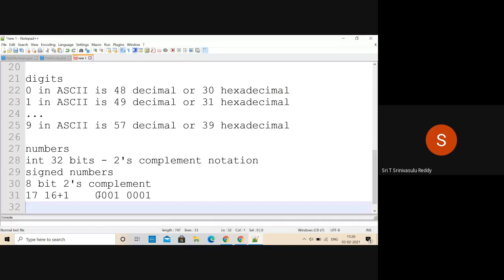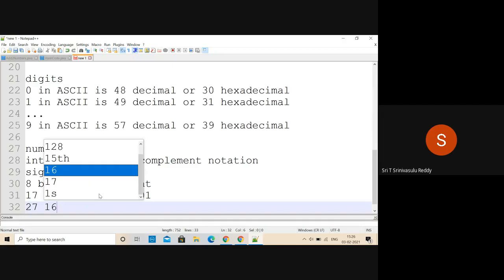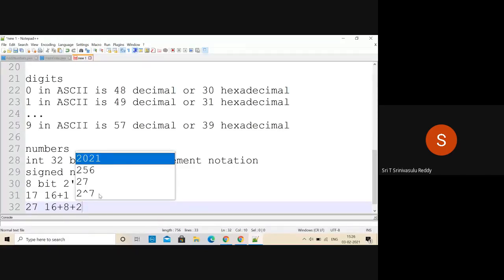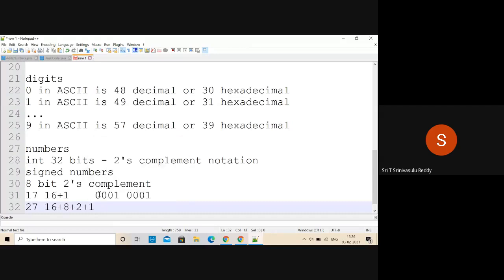To represent positive numbers, it is a simple binary representation of that particular number. For example, you want to represent 27. How do you write 27? 27 is nothing but 16 plus 8 is 24, plus 2 plus 1 altogether.